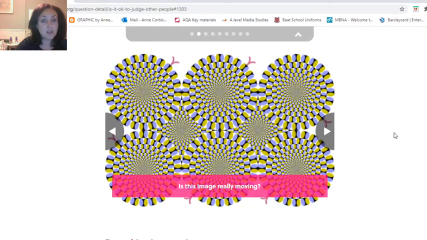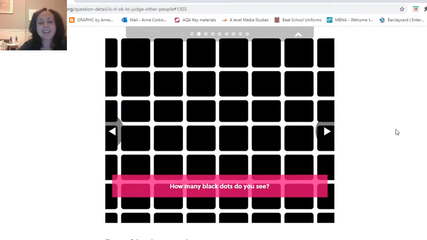Is this image really moving? If you stare at the middle of one of those, or let your eyes move around, is it moving? How many black dots can you see here? Try and move your eyes around and count them. Are there black dots?